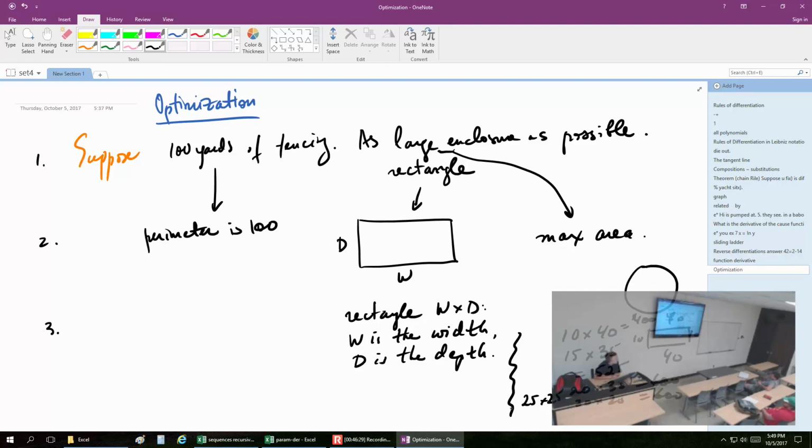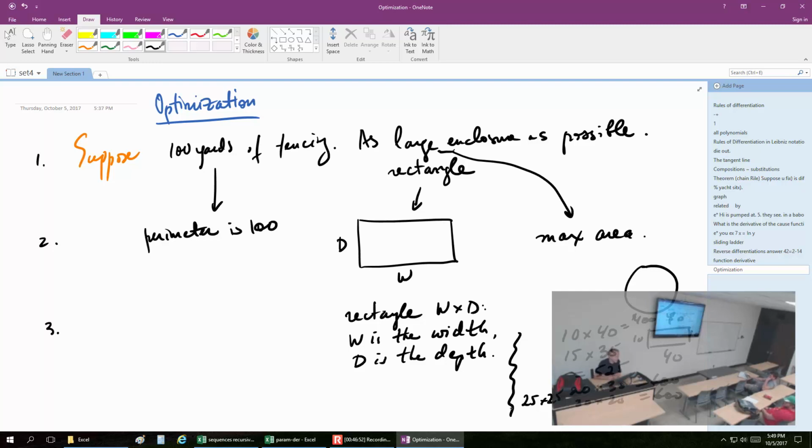Anything goes. But next time you change the problem slightly, and the perimeter is unspecified, there are some parameters that have not been specified. Even if you solve the problem on the right, and you know that if you have 100 yards of fencing, then the best answer is 25 by 25.